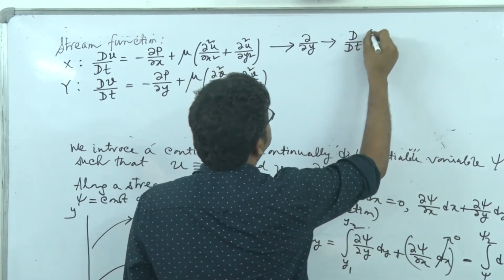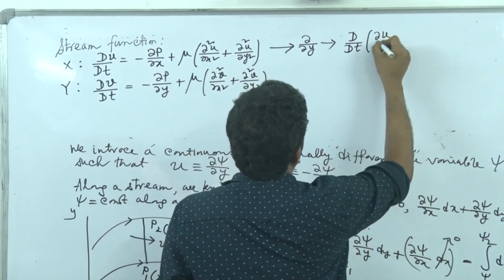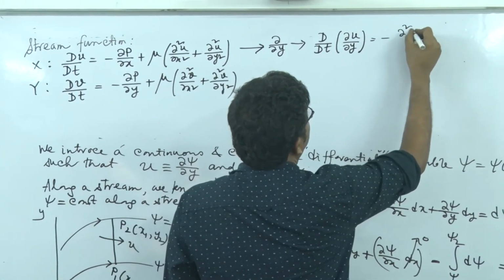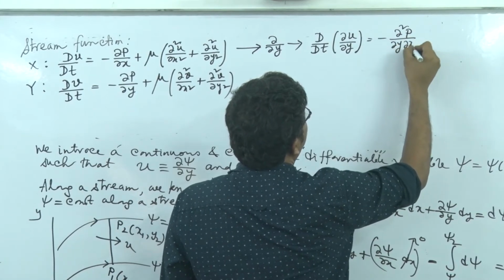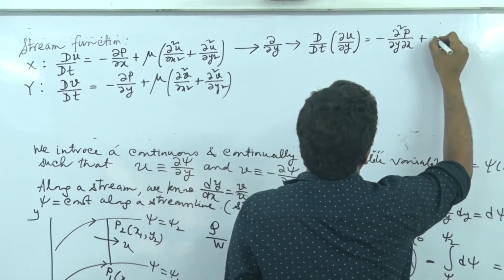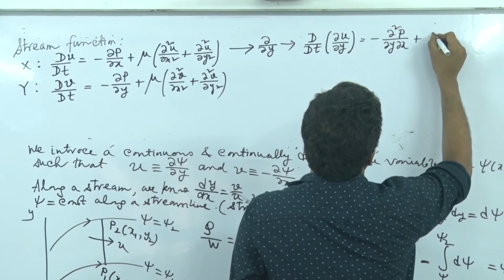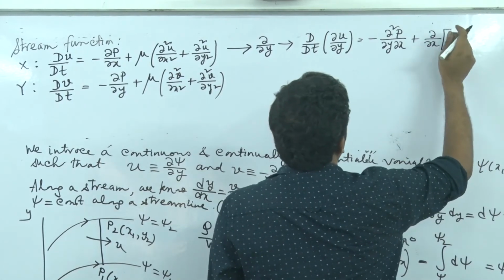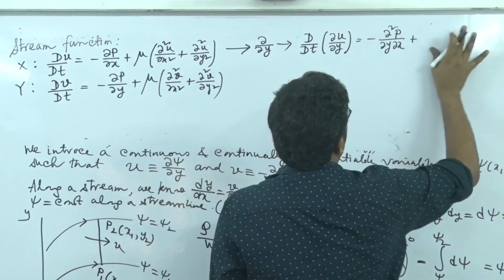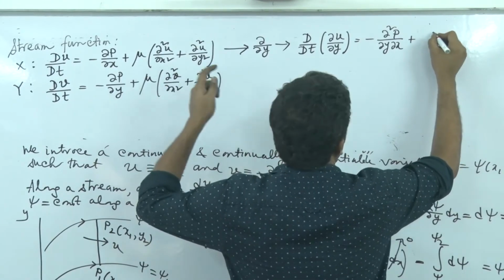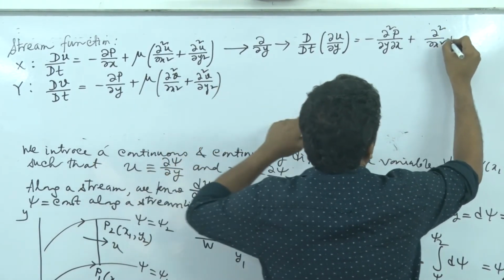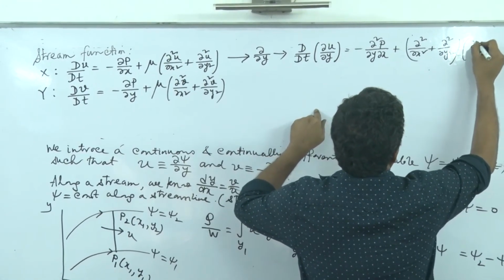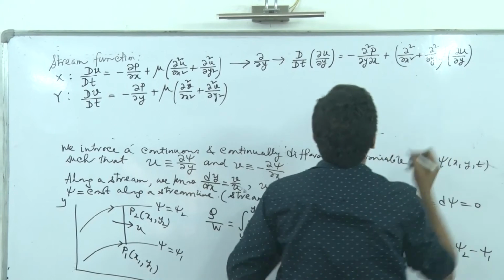D/Dt of ∂u/∂y is equal to minus ∂²p/∂y∂x plus, or rather we can write it as, (∂²/∂x² plus ∂²/∂y²), this operator operating on ∂u/∂y, right?